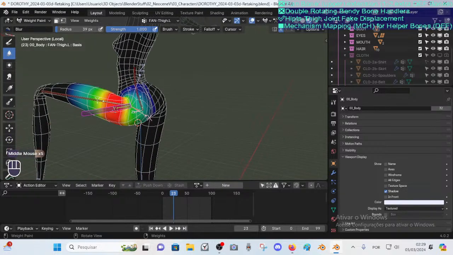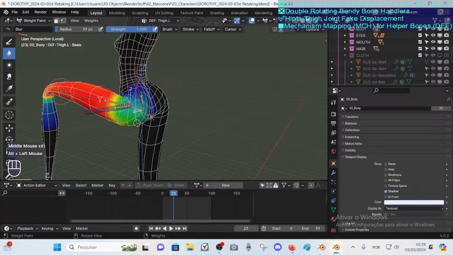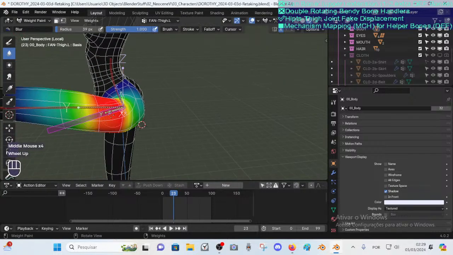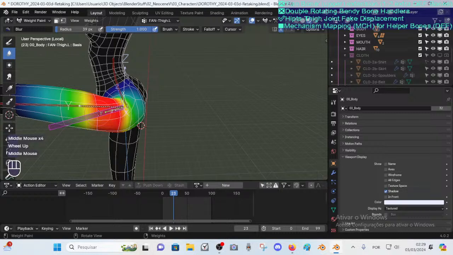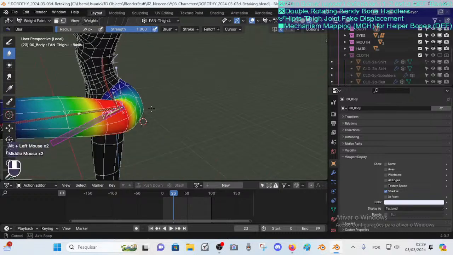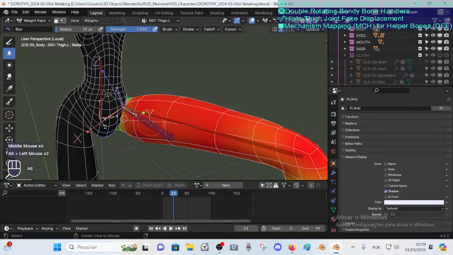This can be played with, but usually we don't want the weights to be blended to the extent of the thigh bone. It's really just about this joint region, more precisely of the thigh, not so much on the torso, but then we can vary.